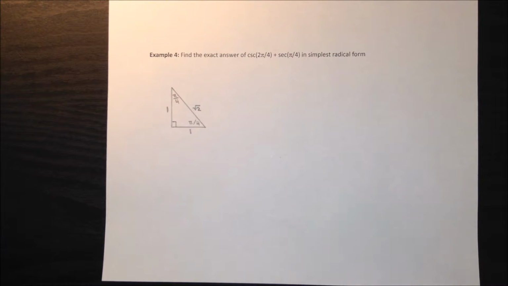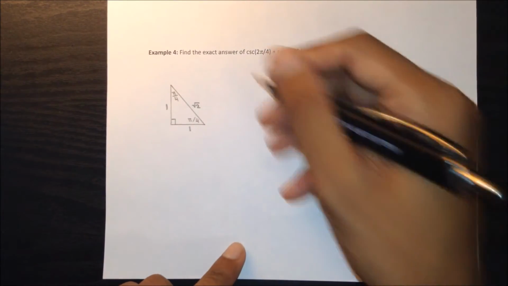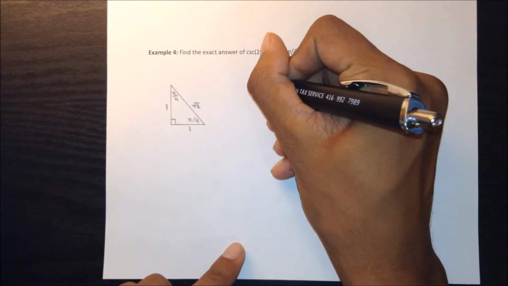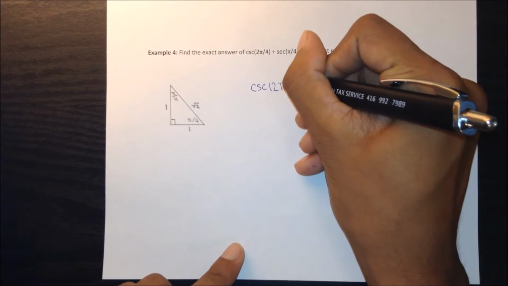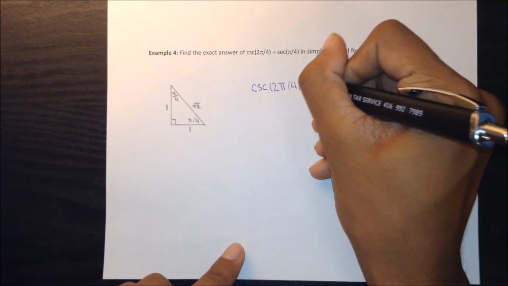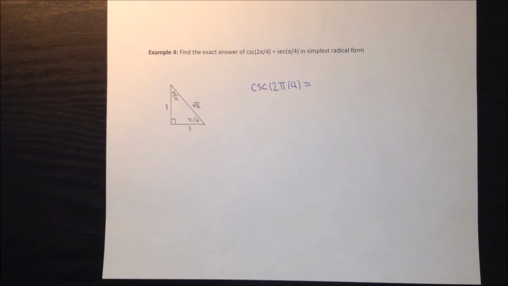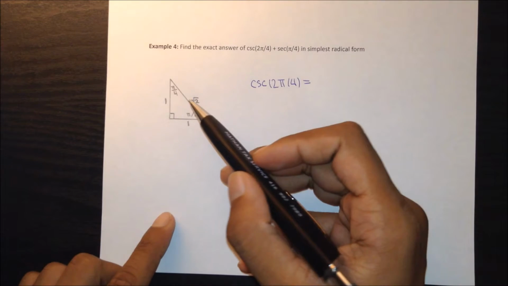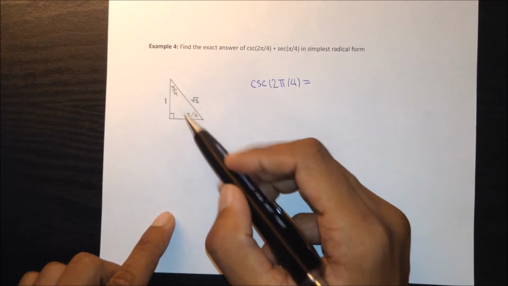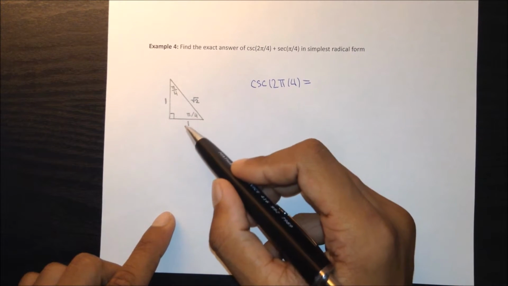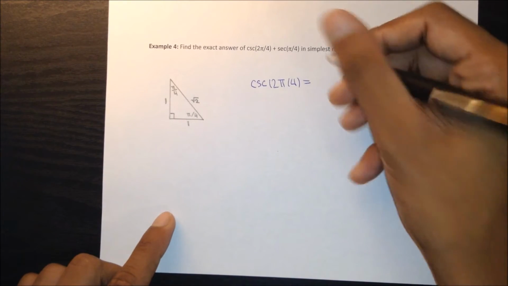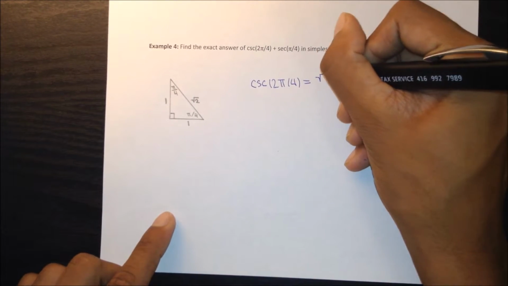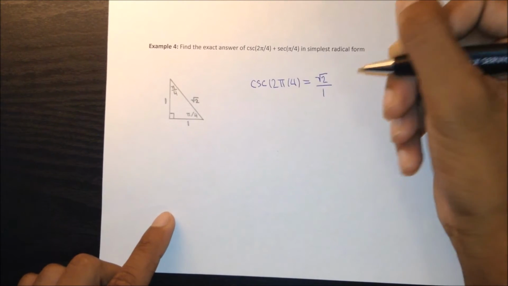So, cosecant 2 pi over 4. We know that cosecant is the inverse of sine, and sine 2 pi over 4 would equal opposite over hypotenuse, so 1 over root 2. So if cosecant is the inverse of sine, then our answer would be root 2 over 1.